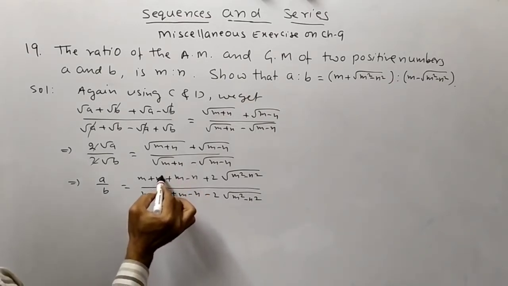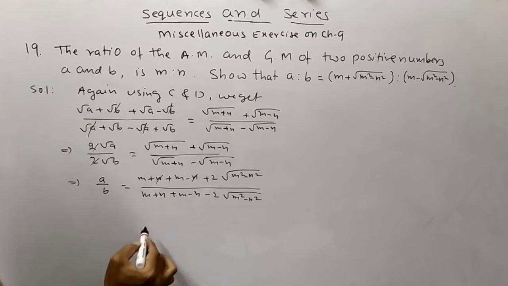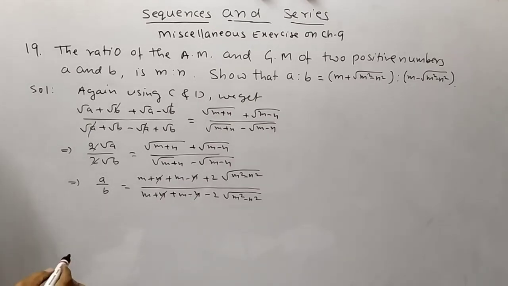So n will get cancelled in both numerator and denominator.